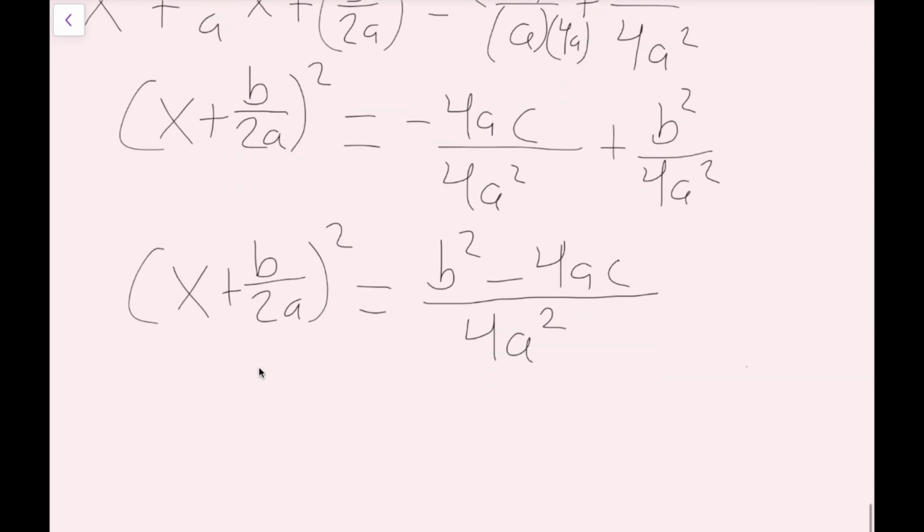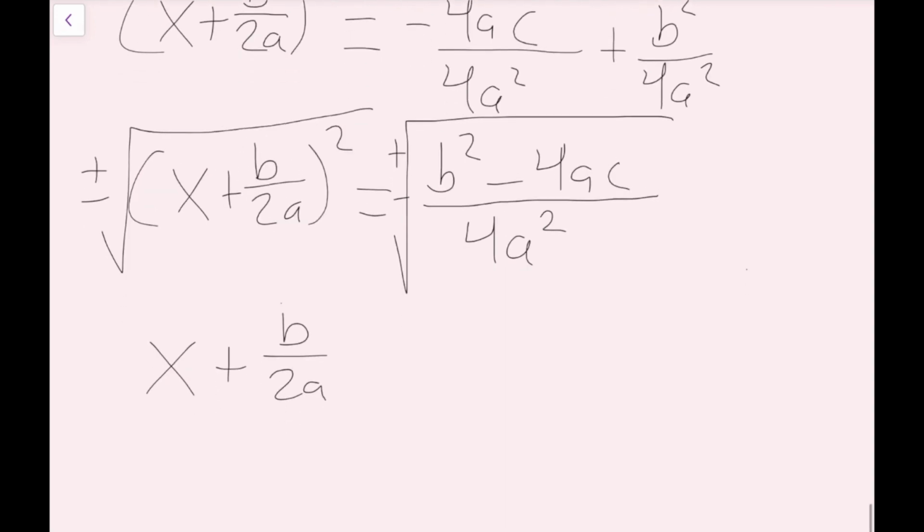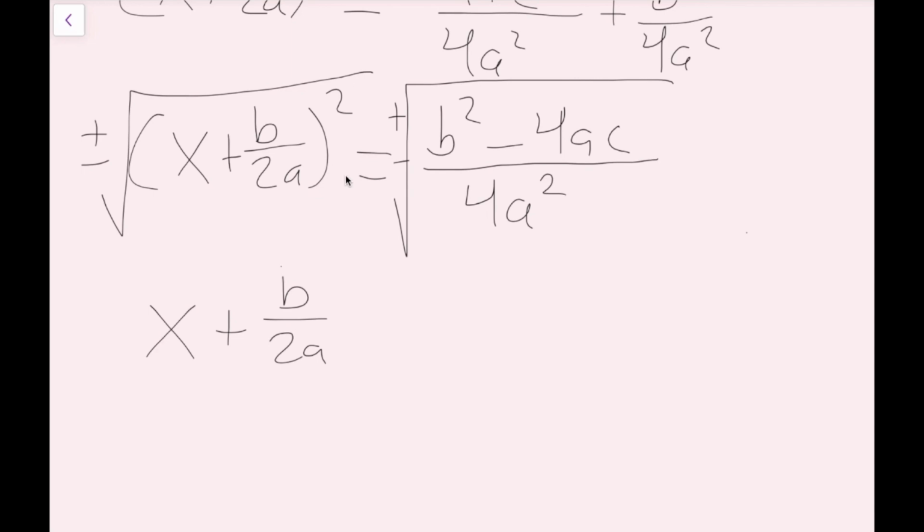So I'm going to rewrite it as plus or minus. I like to do plus or minus on both sides. You only technically need to do it on one side, but I preach that whatever you do on one side, you have to do on the other. So I just like to write it this way. So anyway, this will cancel into just x plus b over 2a. And then this becomes plus or minus, and if you remember, you can take the square root of the top of a fraction and the square root of the bottom of the fraction when you have it inside the fraction.